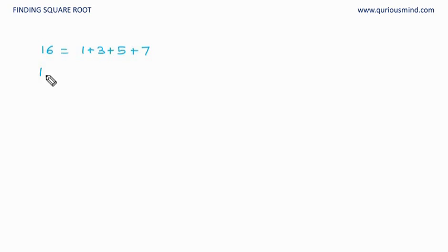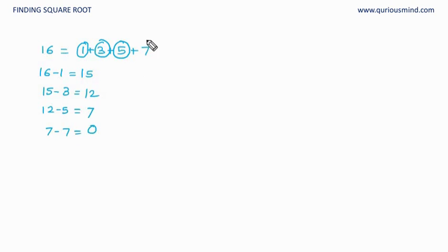So first I'll do 16 minus 1. I'll get 15. Then I will do 15 minus 3. I will get 12. Then I'm going to use 12 minus 5, and finally I'm going to subtract this number 7 and I get 0.